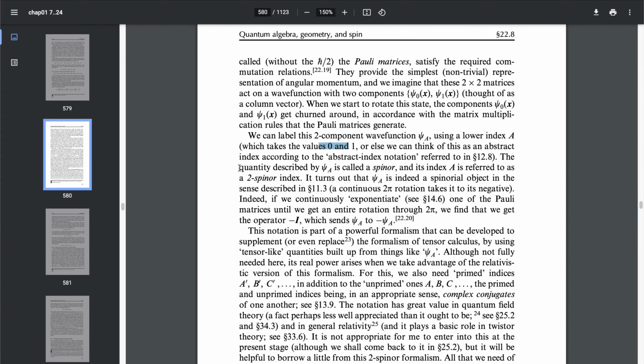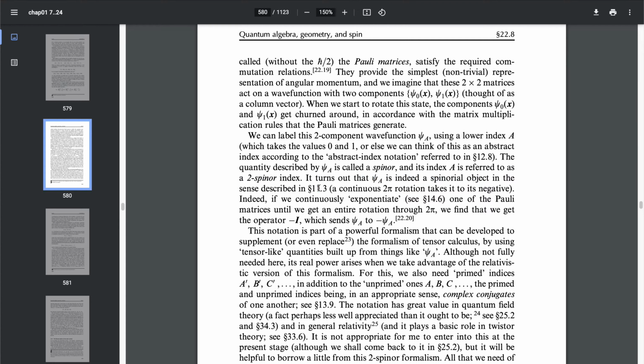And that quantity described by psi a is called a spinor, and its index a is referred to as a 2-spinor index. It turns out that psi a is indeed a spinorial object in the sense described in chapter 11.